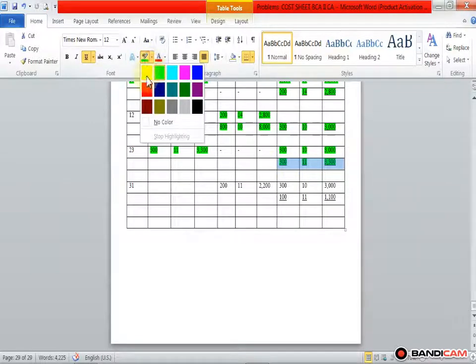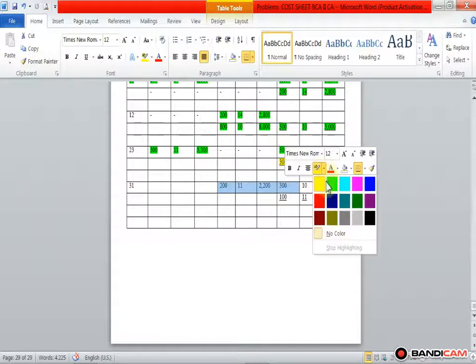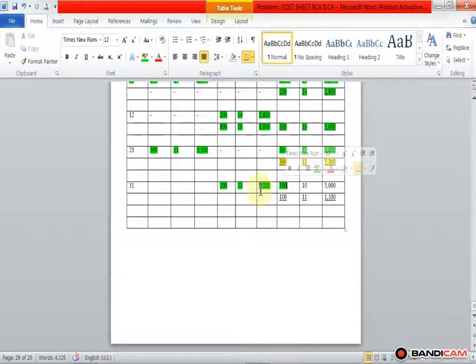We issue the 200 materials out of 300. So we issue 200 quantity of material at rupees 11, amounted to rupees 2200.